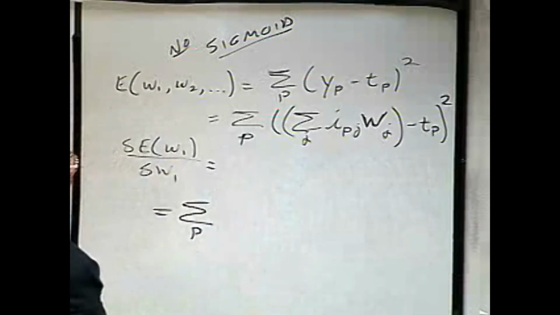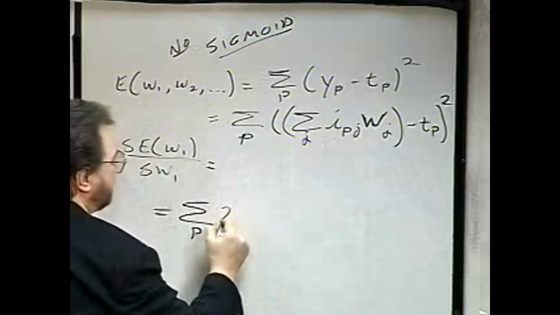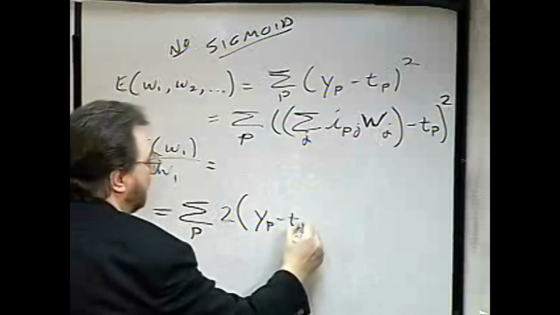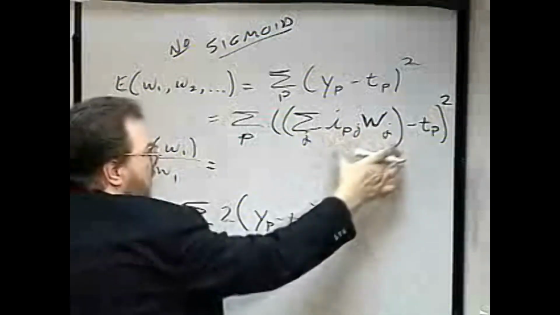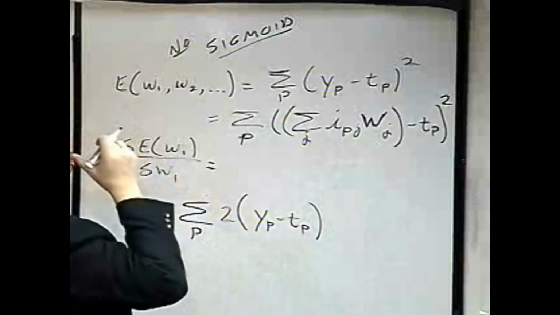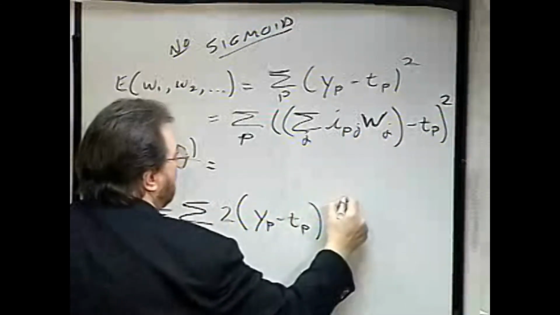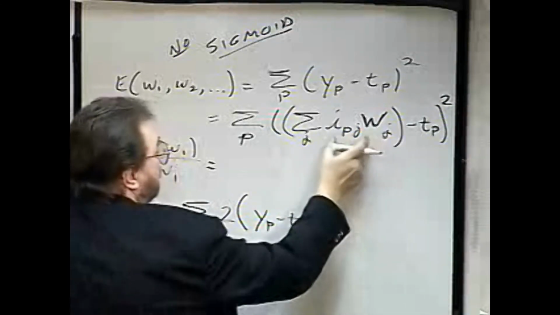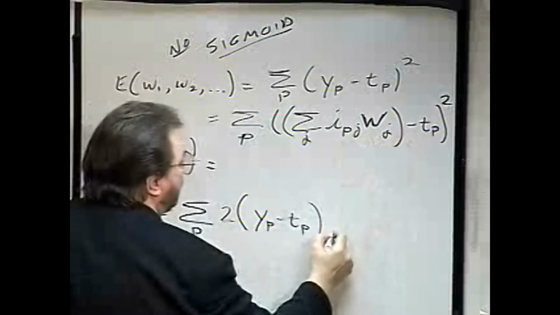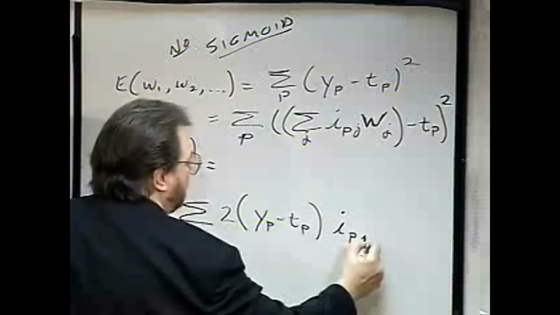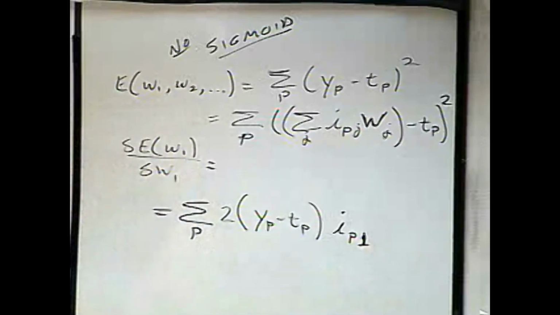Remember the chain rule, which says you get twice whatever the result is here, times the partial of what's inside. And the partial of what's inside is equal to I sub p1.